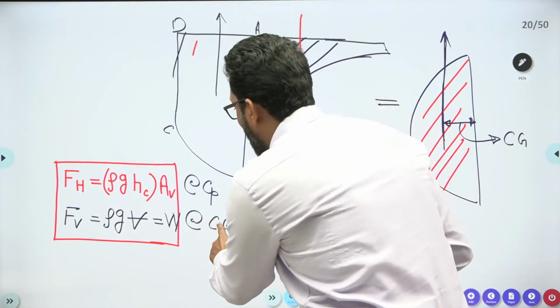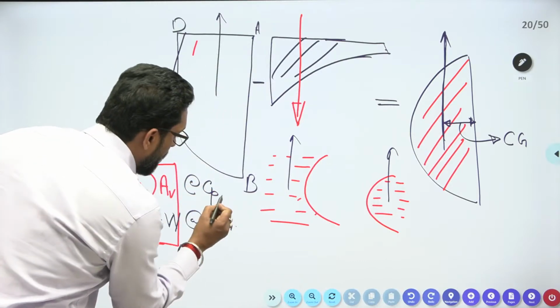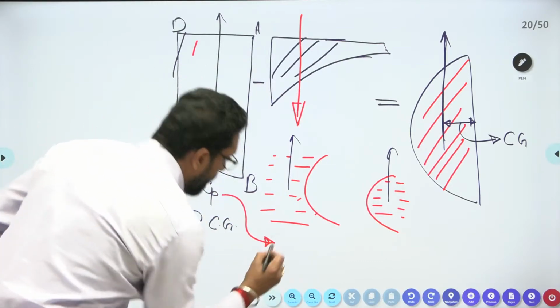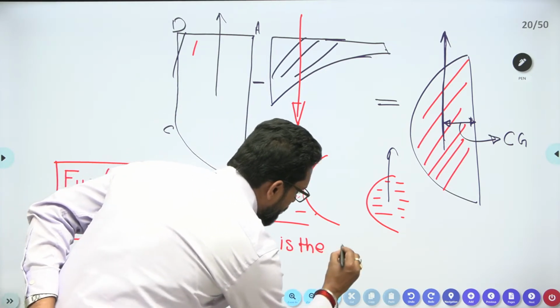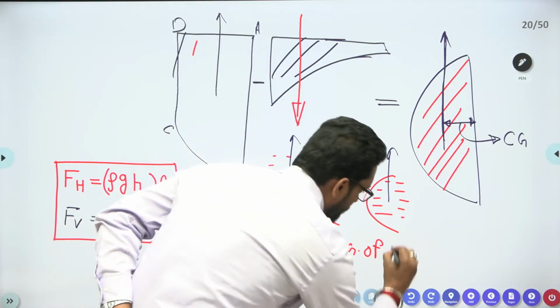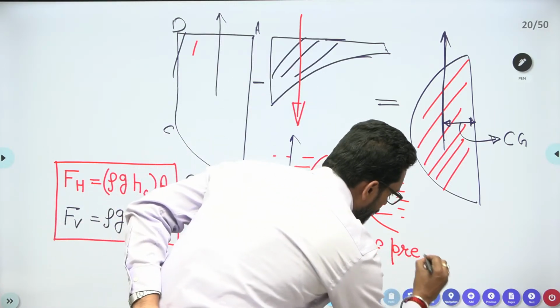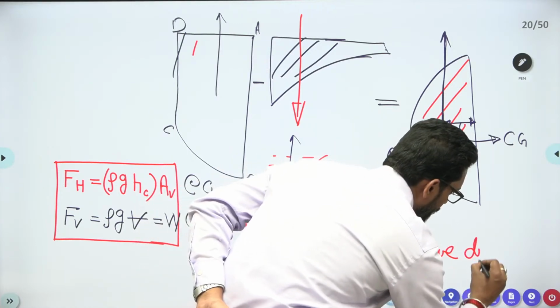The center of pressure is the CG of the pressure triangle, the pressure diagram.